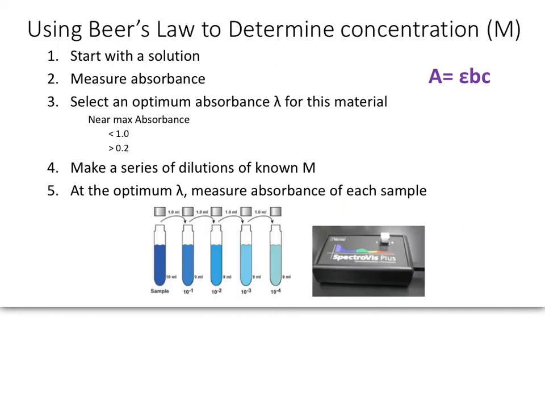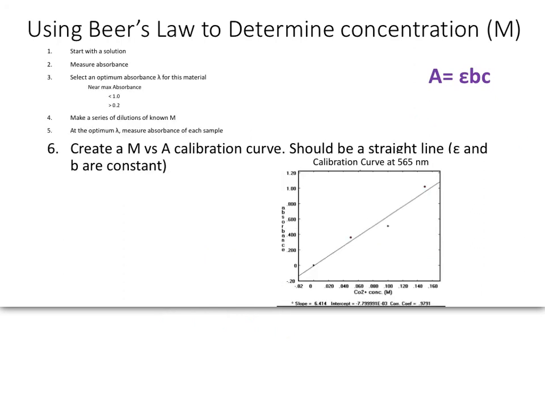So I'm going to take this wavelength that I identified up here, the maximum absorbance. I think we said we were going to be at 565 nanometers. I set that on my SpectraViz, and I measure the absorbance for each of these samples. I'm going to take the data that comes out of that, and create a concentration versus absorbance calibration curve.